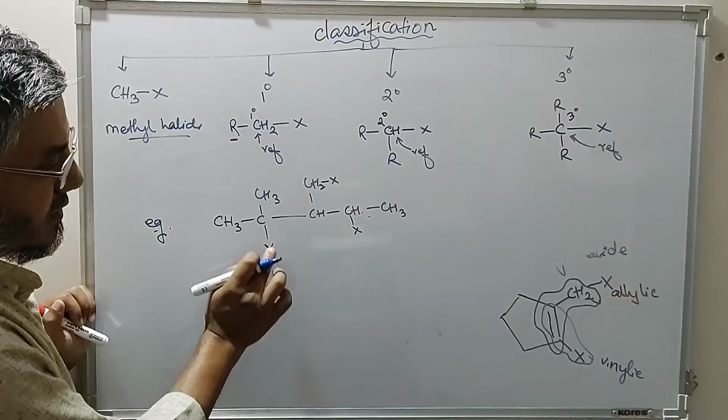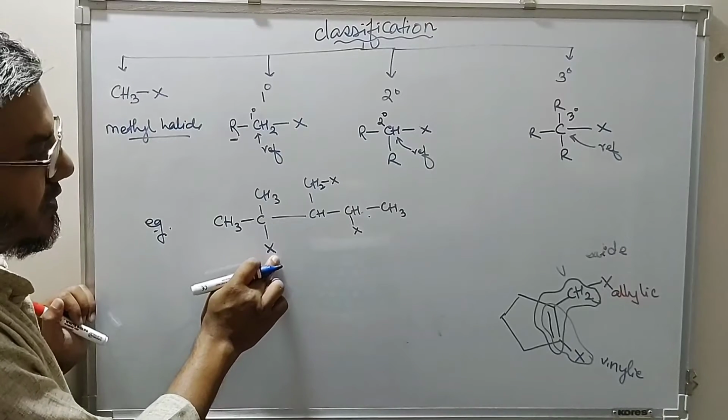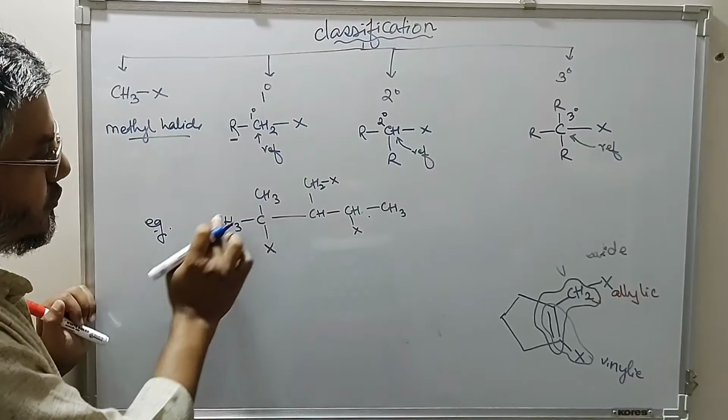This carbon having halogen is attached to how many carbons? 1, 2, 3.